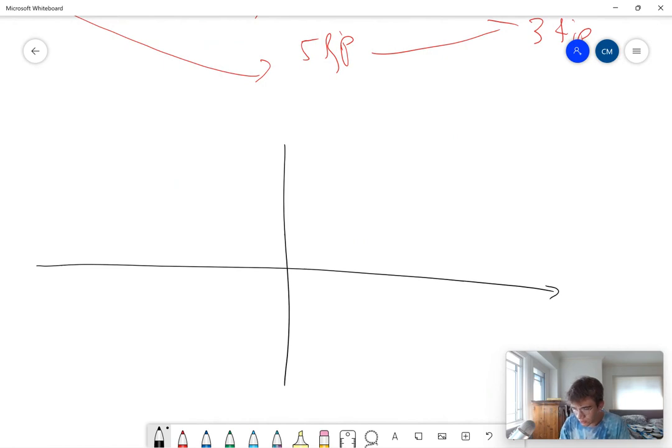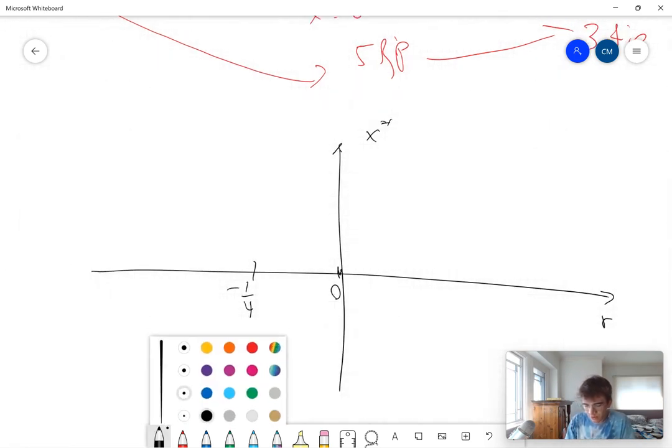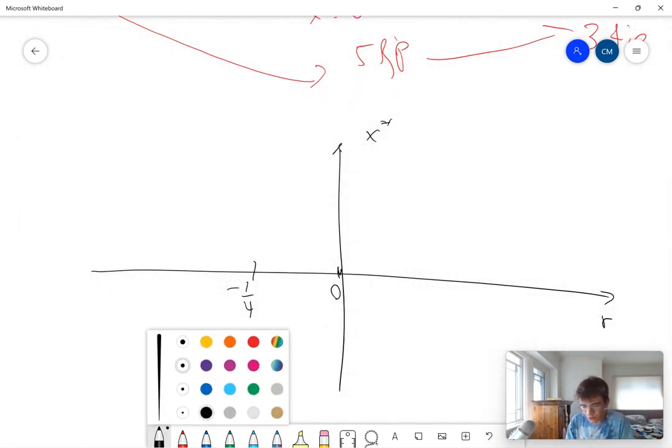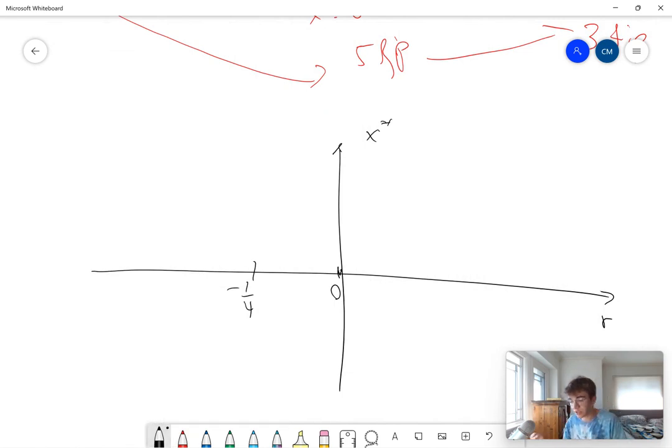Okay, so if I look at x star as a function of r, I'm going to have these two critical values of negative 1/4 and 0 for my r values. And actually I'm not going to talk about stability yet. We'll do the stability analysis in a moment. But we'll always have a fixed point along the origin here.